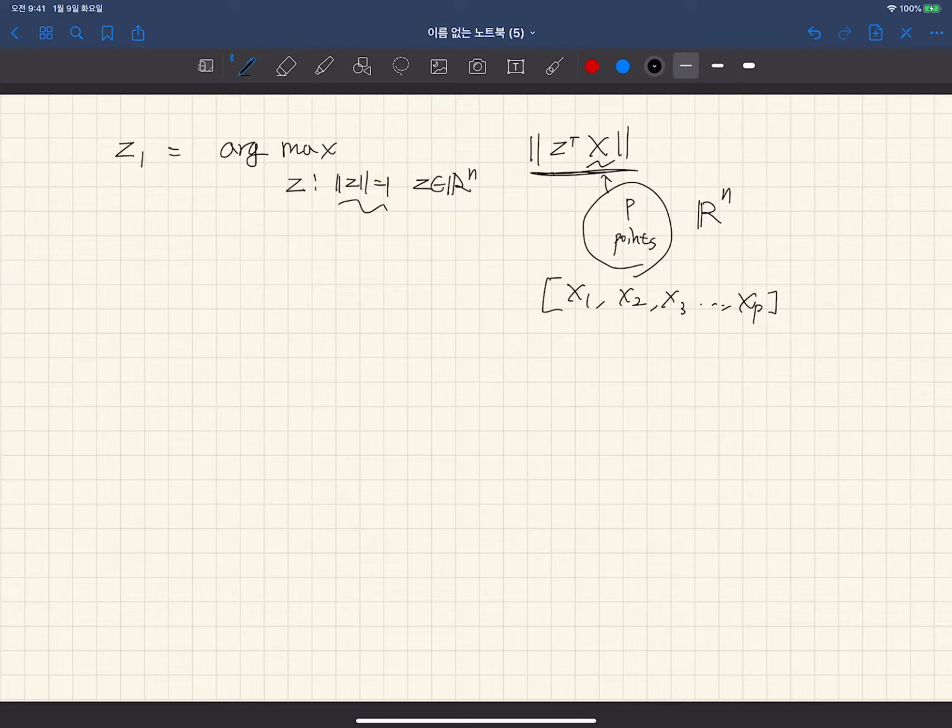Why do we have to extract the largest variance direction? Because in general we have this belief: high variability keeps high information.